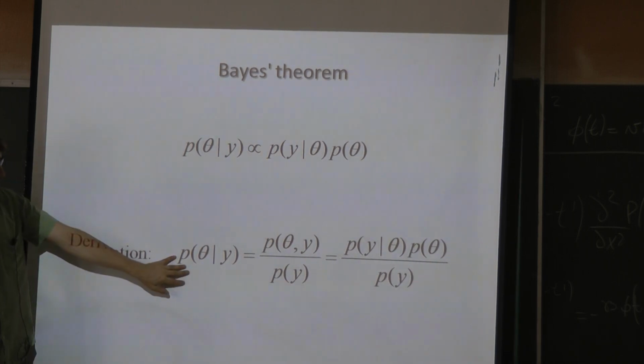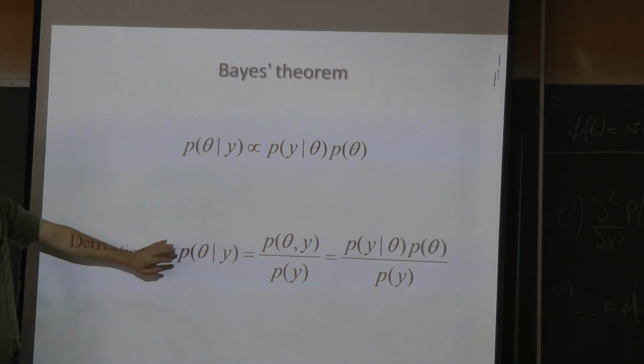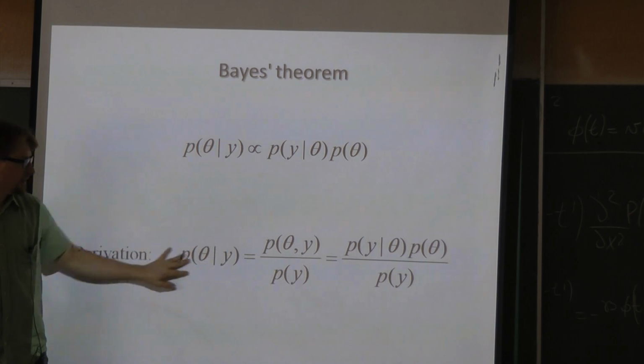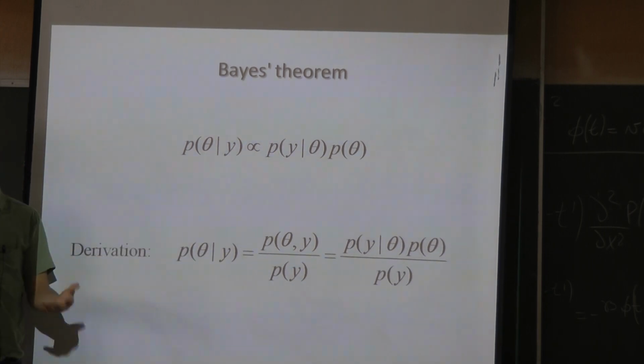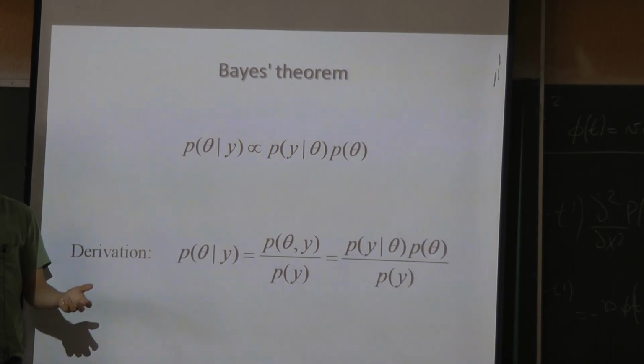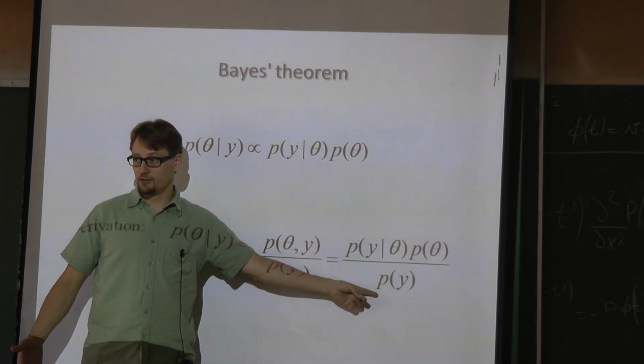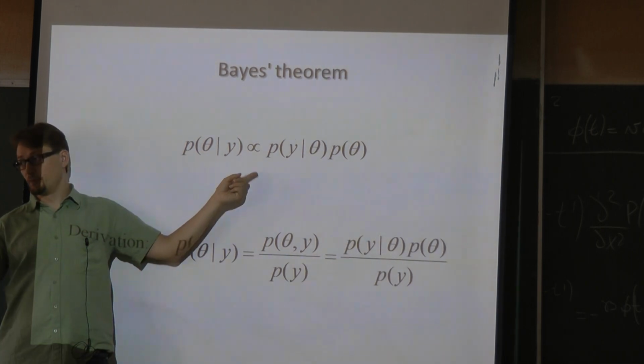And what we are interested in here is the probability of theta. We are interested in this thing as a function of theta, not as a function of y. So that's why we can drop this lower part here, because it doesn't depend on theta. That's why we have this proportionality sign.